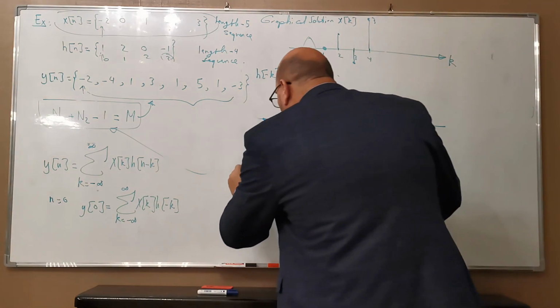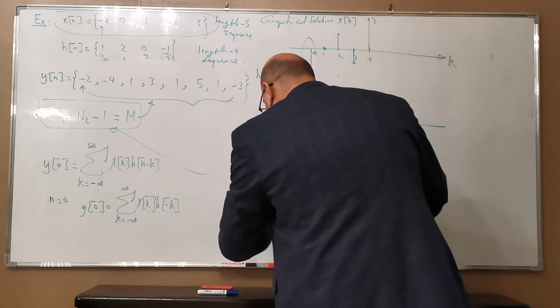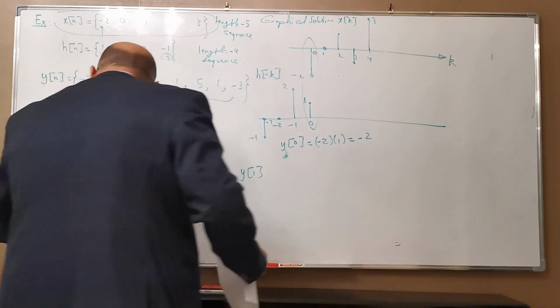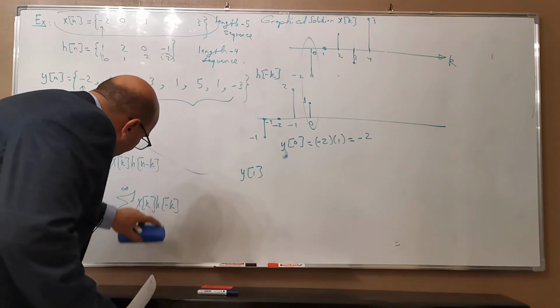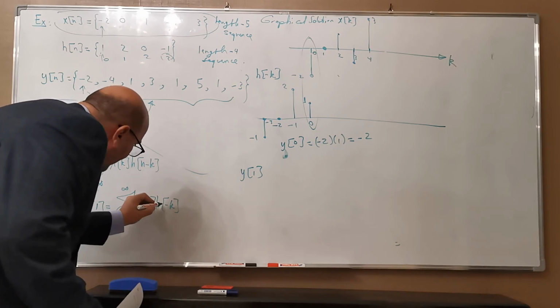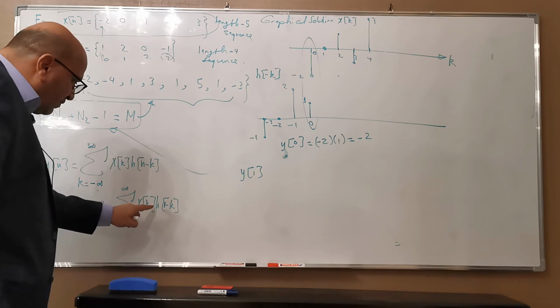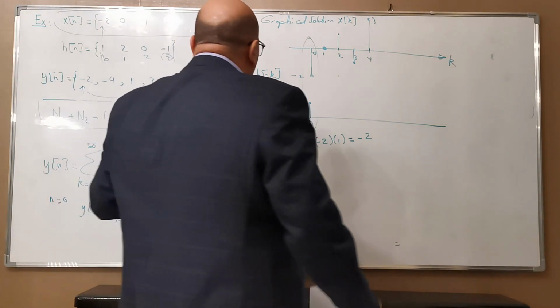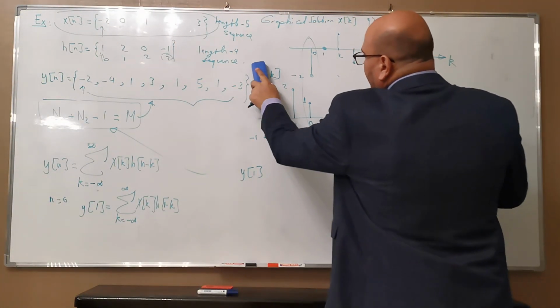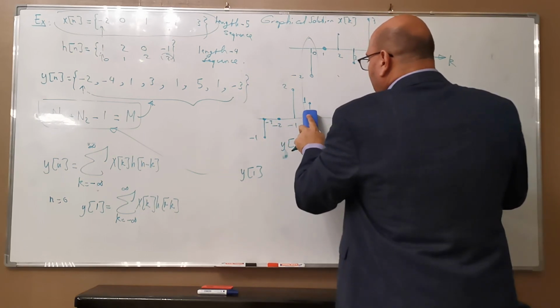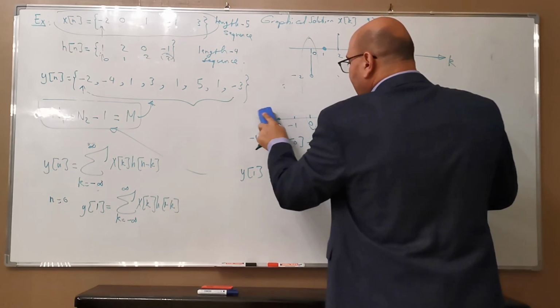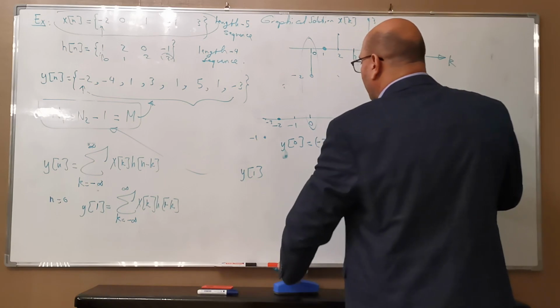Now, if I need to find y of 1, so I'm gonna have here 1. So this one should be h of 1 minus k. Y of 1 is equal to x of k times h of 1 minus k. H of 1 minus k should be a signal that is shifted by 1 to the right.